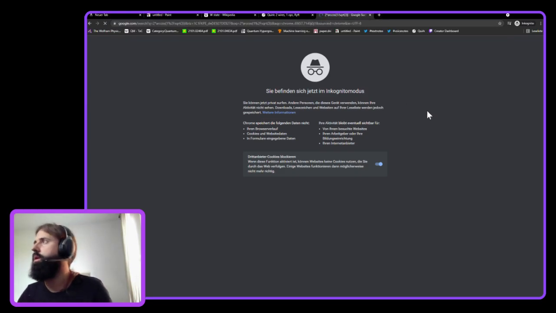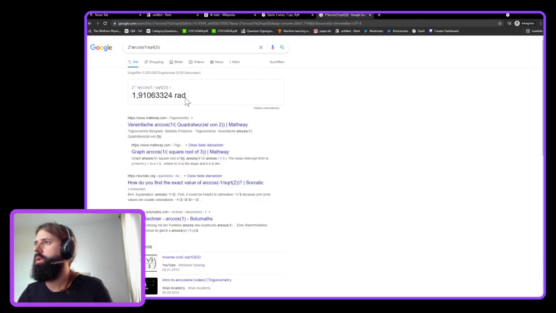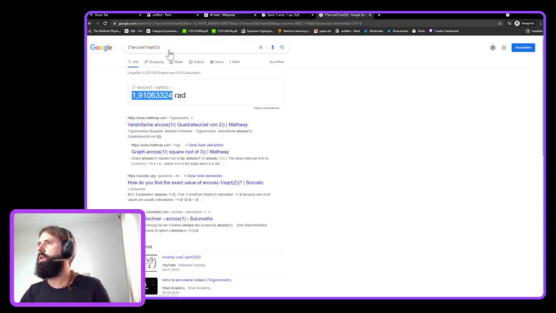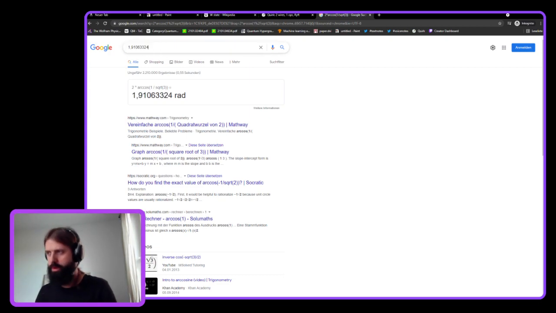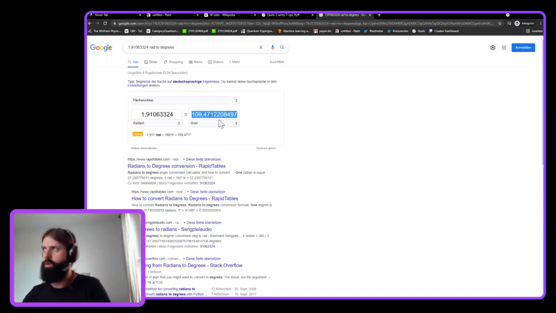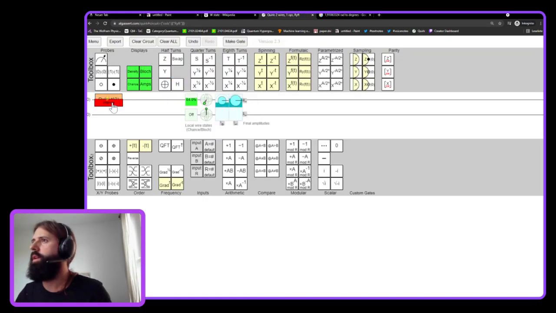What is this? Square root of 2, whatever. So what if I just... do I have to specify degrees? I think I have to specify degrees, right? So it's 109.47 degrees. Let's give it a test first, okay?